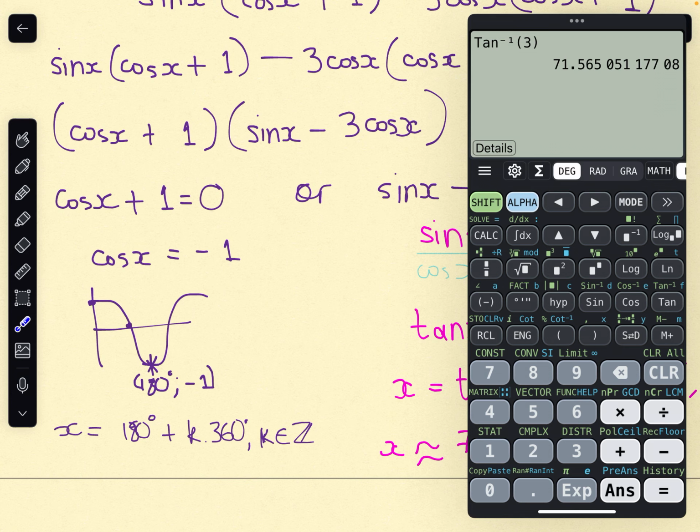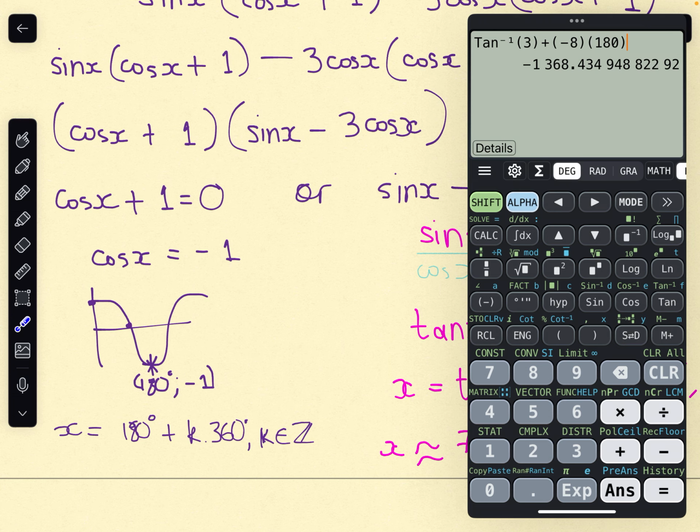I'm somewhere going to take this one and add, how many 180s do you want to add? Maybe I'll do a negative number of 180s, and I'll take 8 of them.